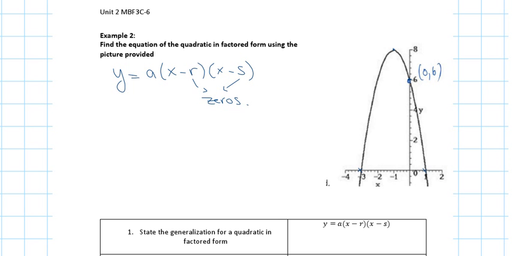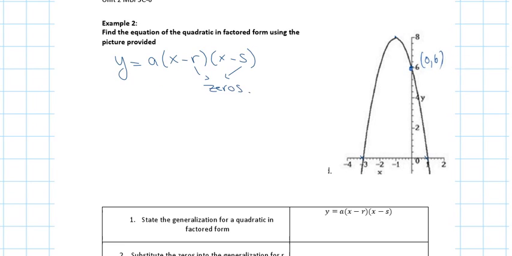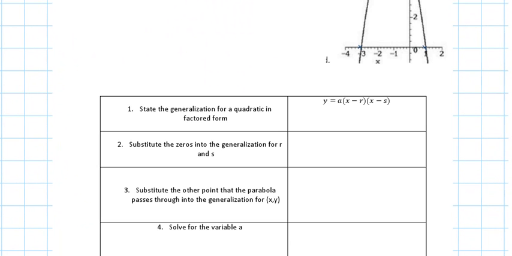So how do I do this? First, you're going to write your general form, which is the one on the top, y equals a times (x minus r) times (x minus s). And then in the general form, you are going to plug in your zeros. We said that the zeros are -3 and 1. So for r, I am going to plug in -3.